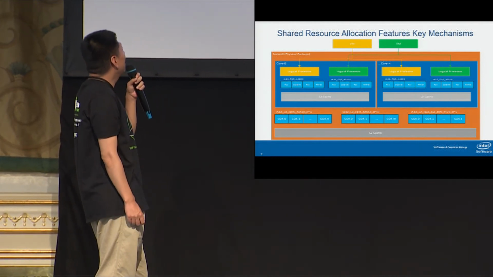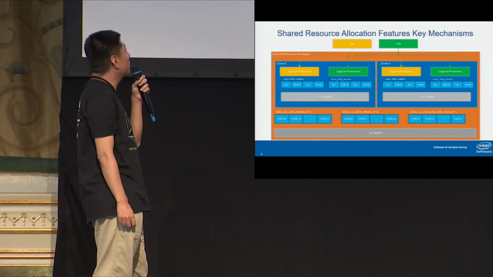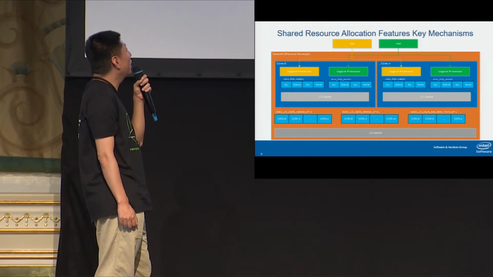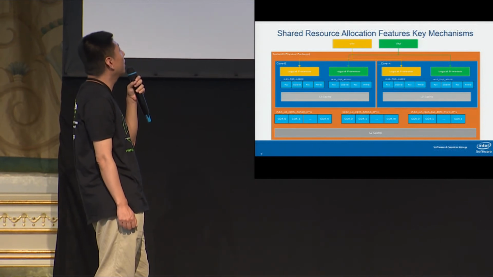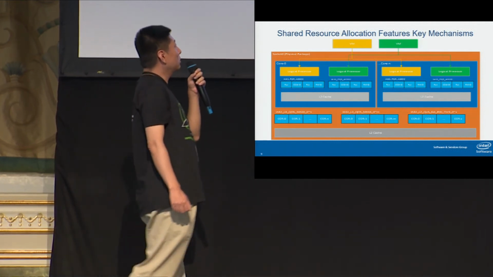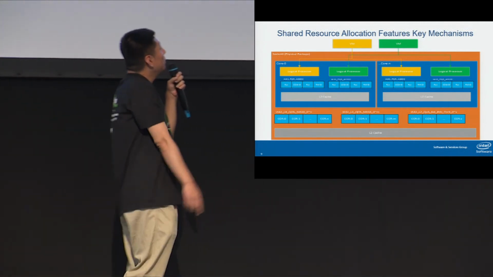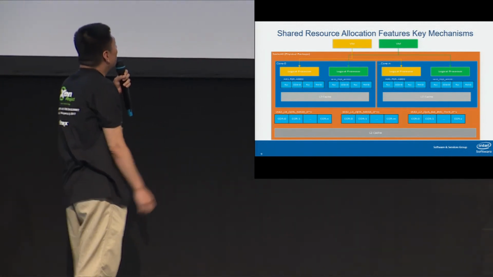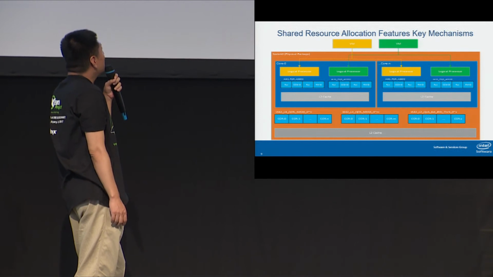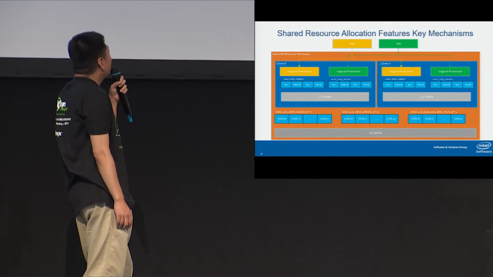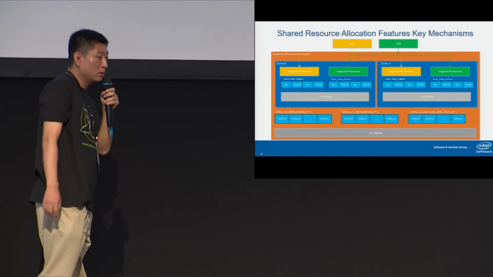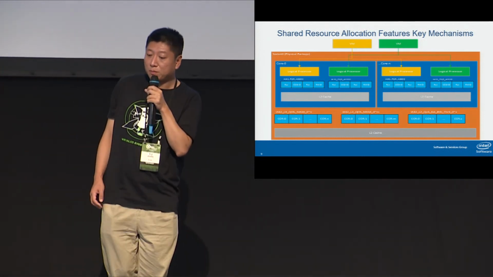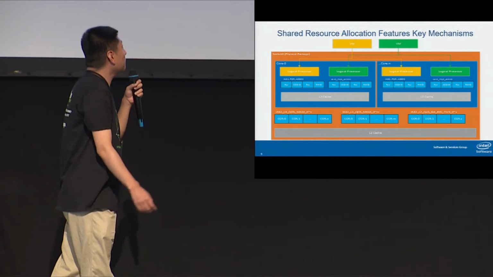Both of these MSRs are bitmaps, which indicate how much cache can be allocated to a specific application. And we also have the QoS throttling MSR. Each MSR corresponds to a Class ID, and its meaning is the percentage of memory bandwidth delay.